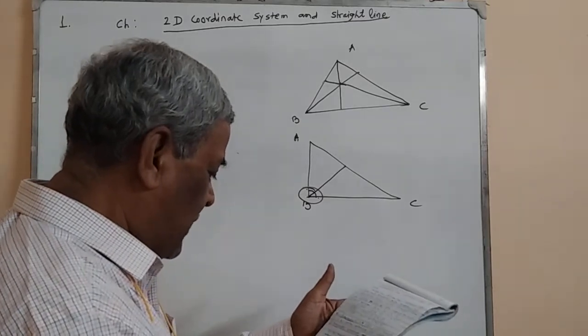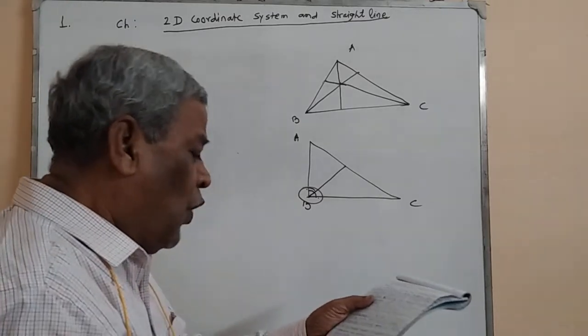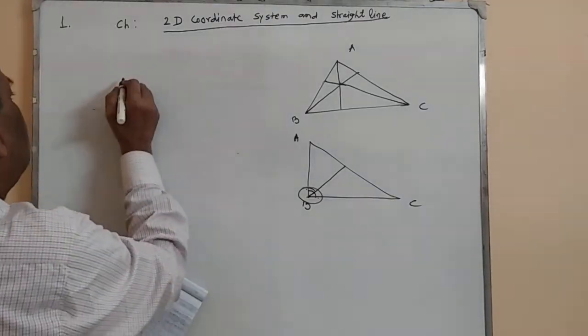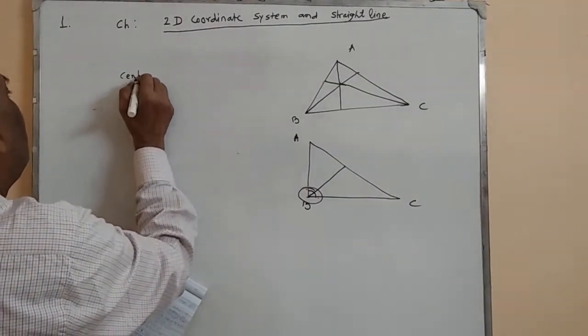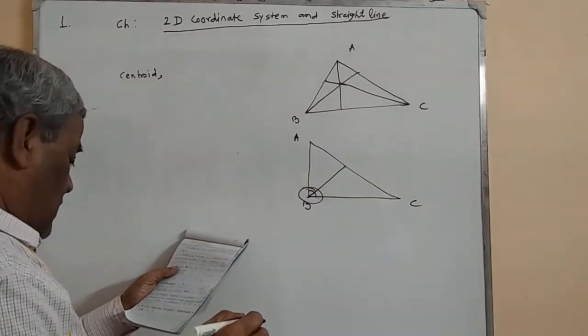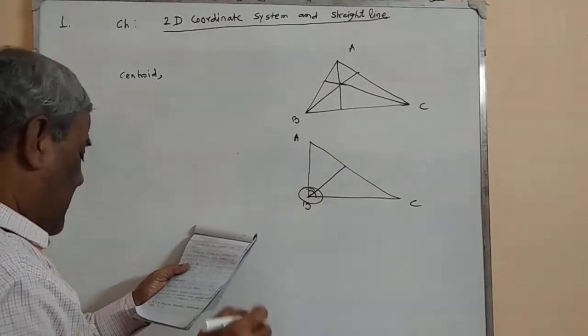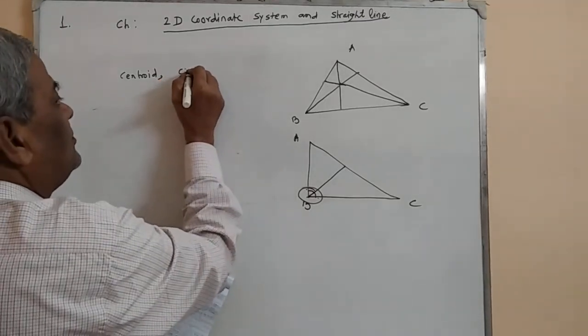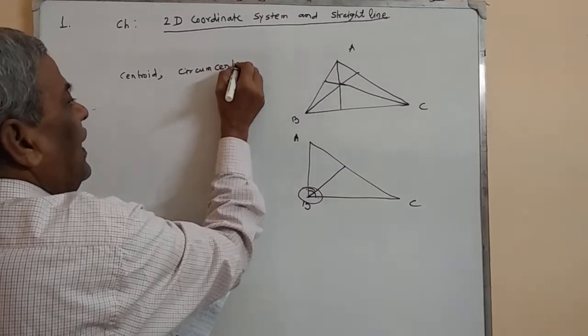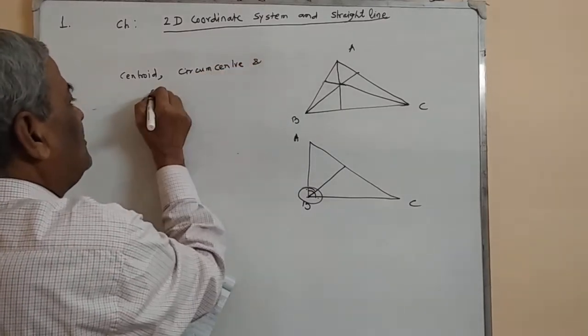So next, for any triangle, centroid, then circumcenter and orthocenter.